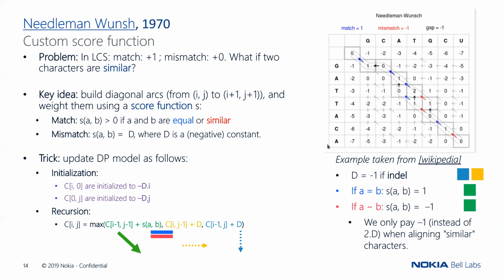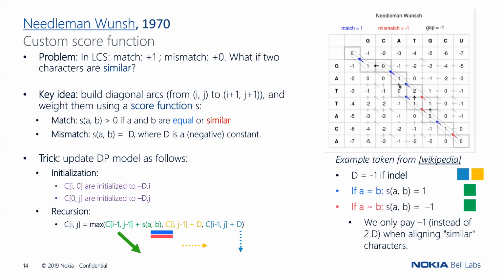When you have equal or similar characters, you will build a diagonal edge, but depending on whether this is an exact matching or an approximate matching, you will install a different cost on the edge. So here, I depict the equal matching by blue arcs, and the approximate matching by red arcs. In this example, you can see that here we have exact matching.